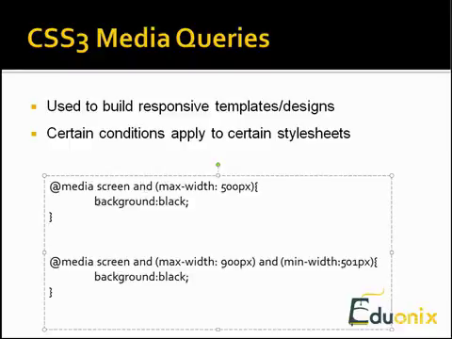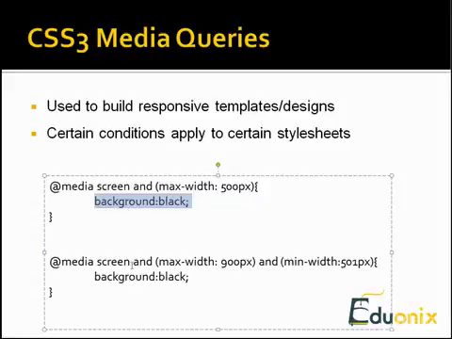Here we're setting the background black for screens that have a max width of 500 pixels. So if the screen is more than 500 pixels, it's not going to have this property.